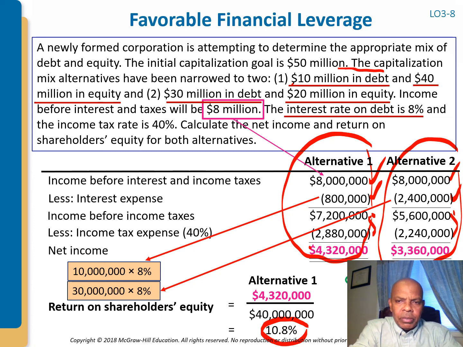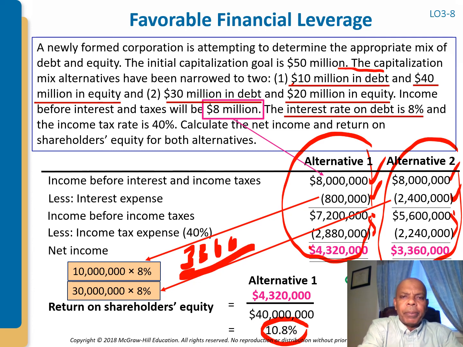What do we have here? You have 3,360,000. What you do is simply divide 3,360,000 by what? 20 million. Remember, 20 million equity.